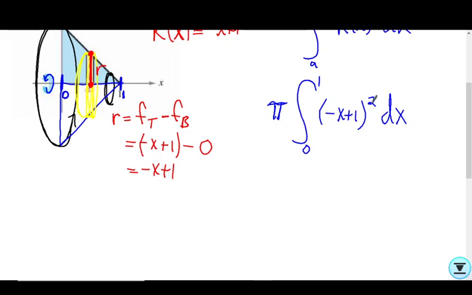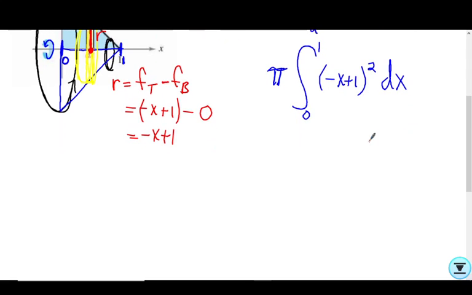Either way. Okay? So I'm going to do U substitution. In this case, I'm going to say u is negative x plus 1, which means du is equal to negative dx, which means negative du equals dx.